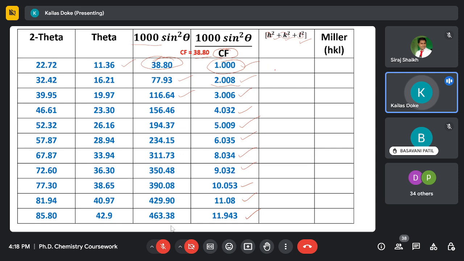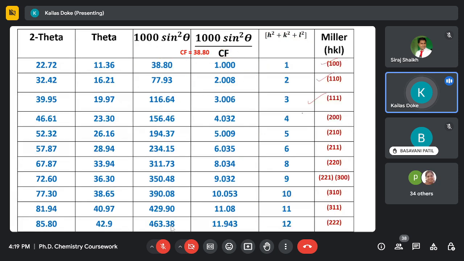So the value of h square plus k square plus l square is 1. What will be the value of HKL? 100. Very good. So we convert this h square plus k square plus l square into Miller indices in the indexing, and we got 100, 110, 111, and 200, only one possibility in mathematics for 4: 2 square plus 0 square plus 0 square is 4. For 5, in integers there is only one possibility, 210 as Miller indices.